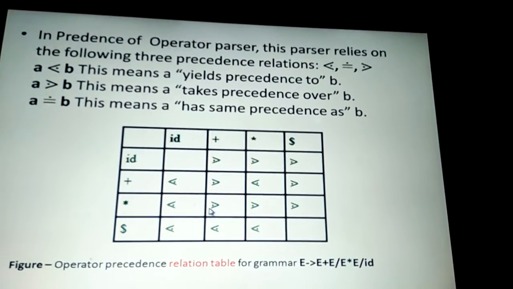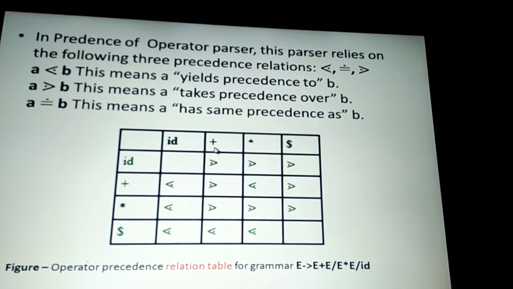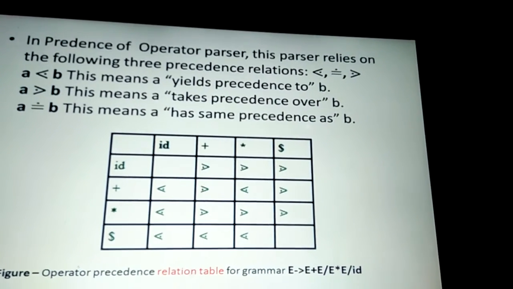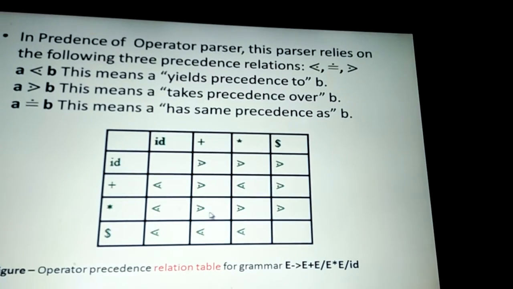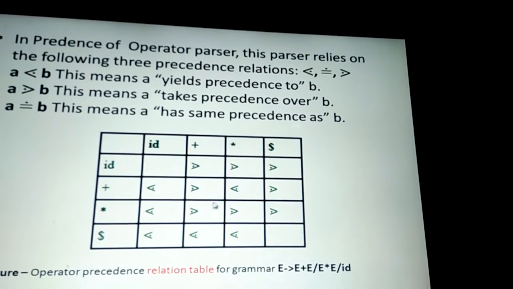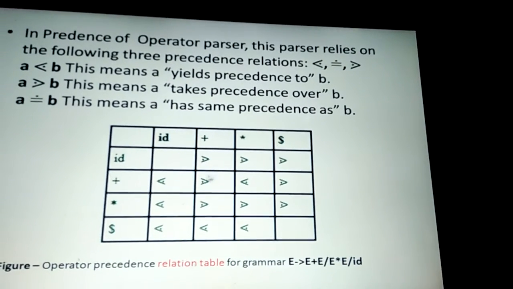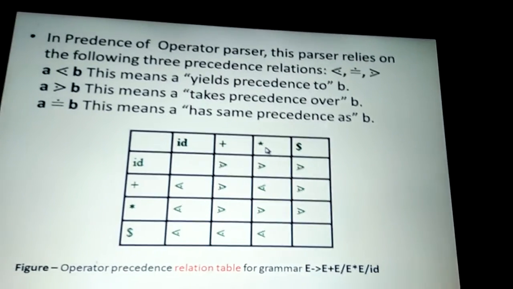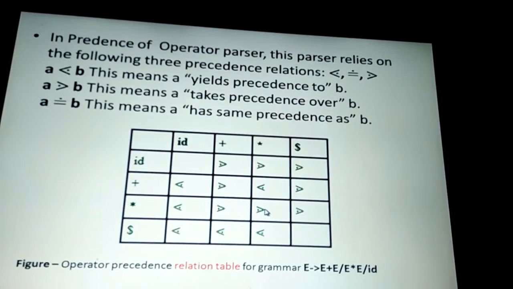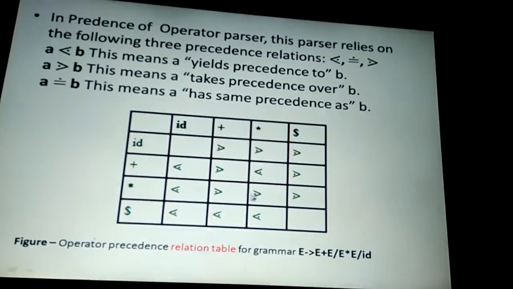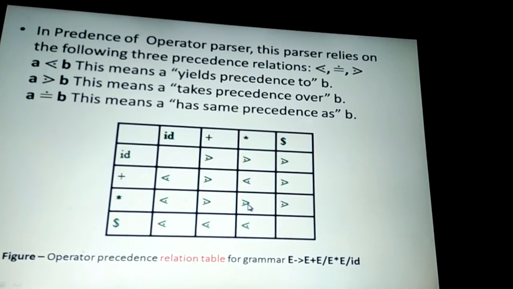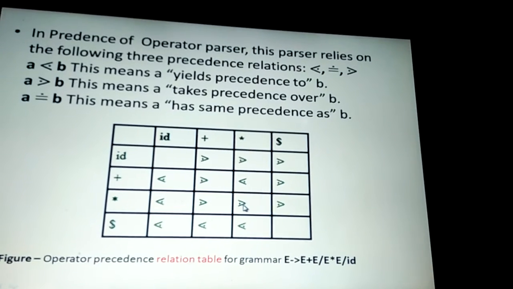And the multiplier operator compared with plus, of course multiplication has more precedence, so it is the greater relation. And among the multiplication operators, naturally the movement is from left to right, left associative, so the left one has the greater precedence, so here the relation is greater.